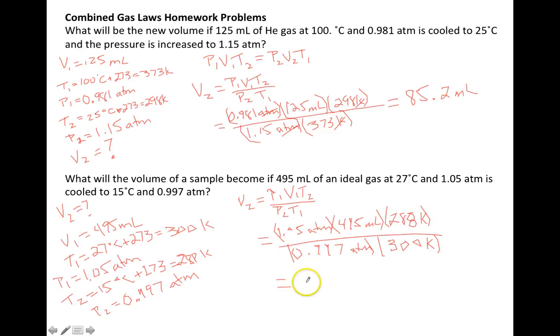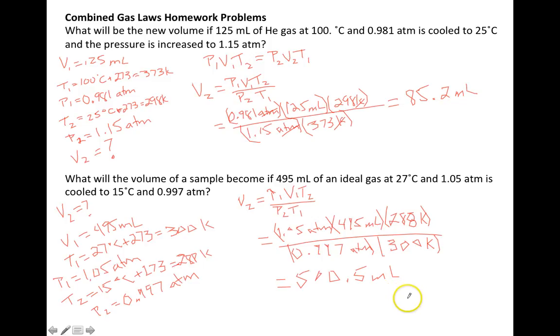And that comes out to equal 500.5 milliliters. Okay, and we didn't really see too many huge drastic changes, so it makes sense that our volume did not change drastically.